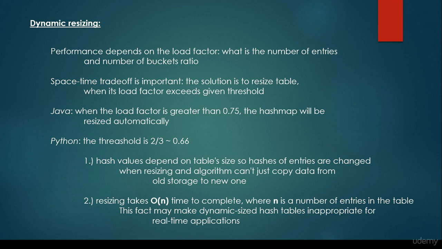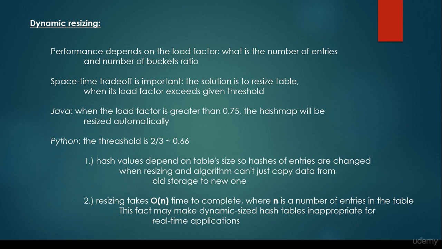Hash values depend on table size, so hashes of entries change when resizing, and the algorithm can't just copy data from the old storage to the new one, because we have to rehash the items. So that's why dynamic resizing is a very complex procedure. We are not able to copy the old entries into the new array, because we have to rehash the items again. And of course resizing takes order n time complexity to complete, where n is the number of entries in the table.